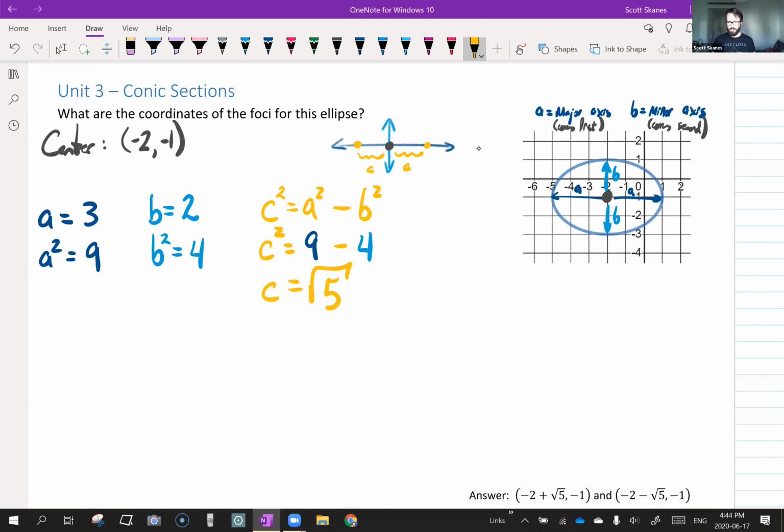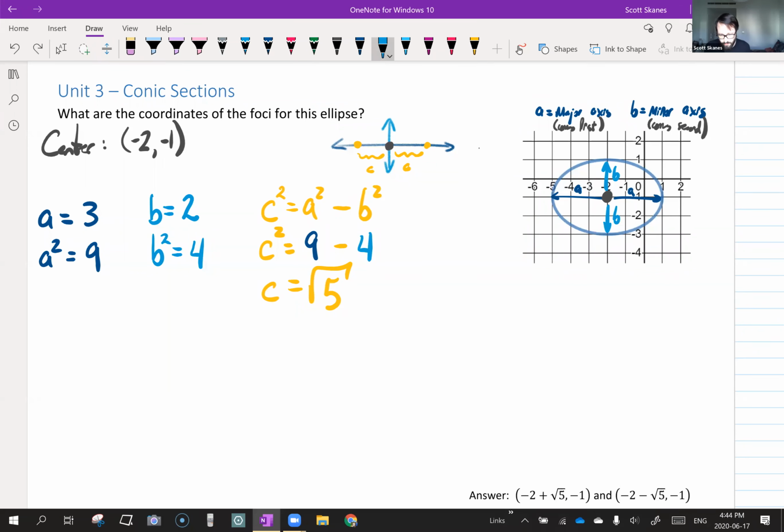So Ibrahim, you're asking where B is from? B is the minor axis, which means the smaller axis. B is the distance from the center to the edge on the smallest axis, which in this case is 2. See the distance of 2?